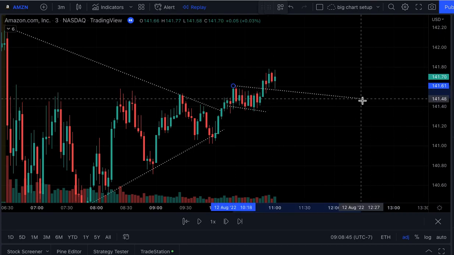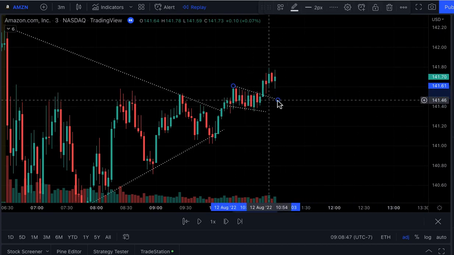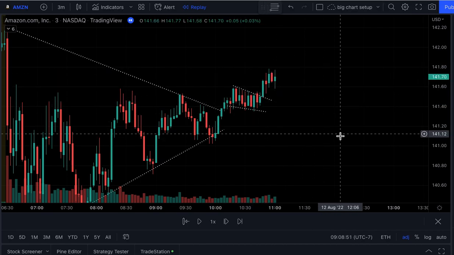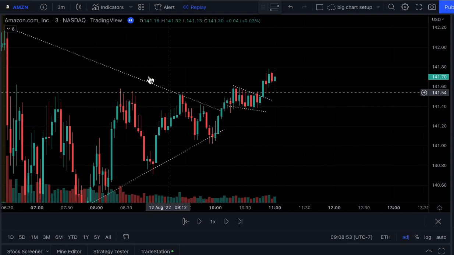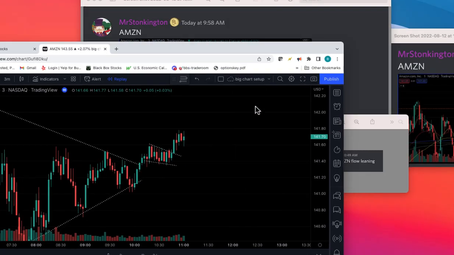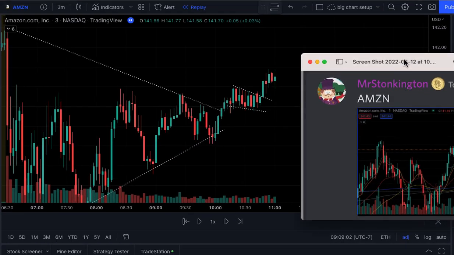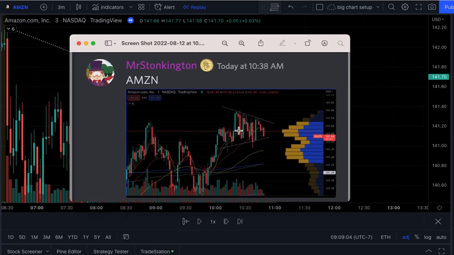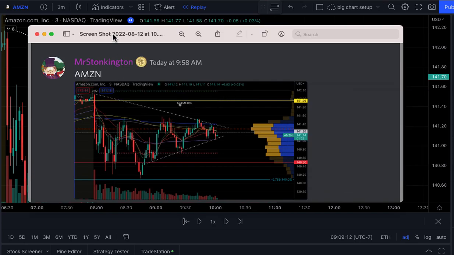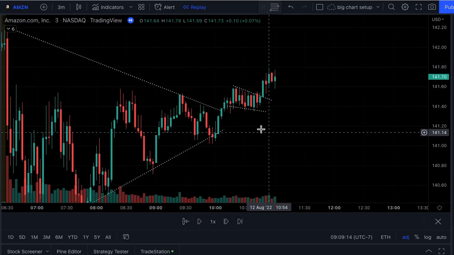That's just a really nice little flag that breaks to the upside here on Amazon. First I see this break of consolidation, and then we do this little flag here, which I also posted in the room. Let's see, I got that one out at 10:38. It's just a nice little flag setting up more compression after this bigger break.